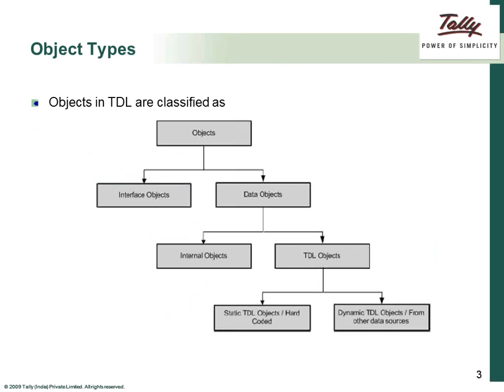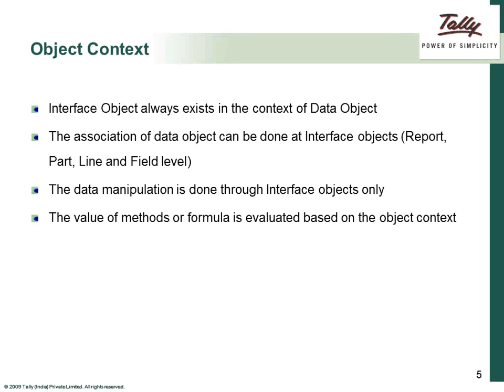Interface objects always exist in the context of a data object. Association of data objects can be done at interface objects like the report, path, line, and field. Object association cannot be done at the form. It is inherited from the report. It's not necessary that you have to associate it at all levels. Depending upon the utility, you do a connectivity.